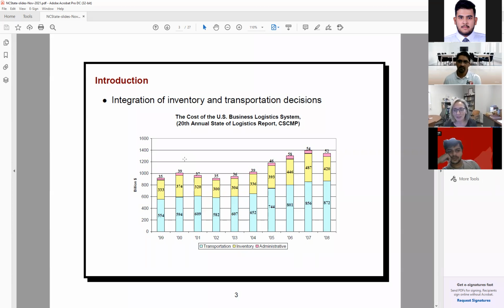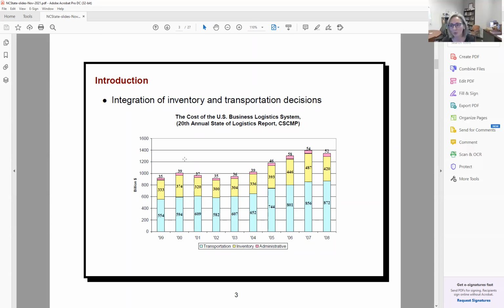And if this is not enough reason to study integration of inventory and transportation decisions, here I have a slide showing you the economic impact of the cost savings associated with careful integration of inventory and transportation decisions. Inventory and transportation operations constitute a very large portion of the cost of the US business logistics system.